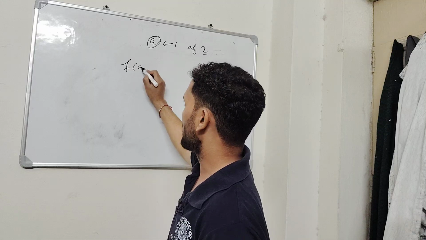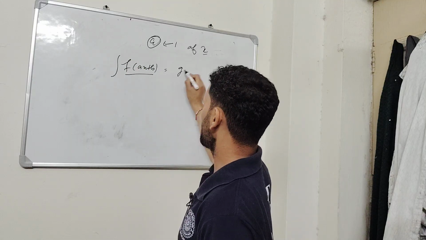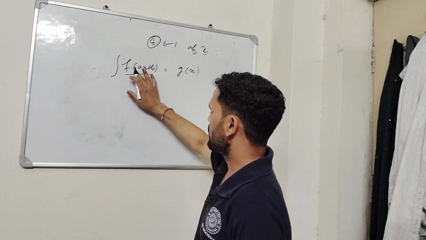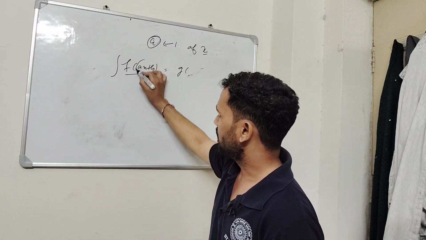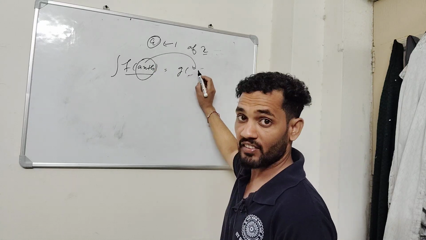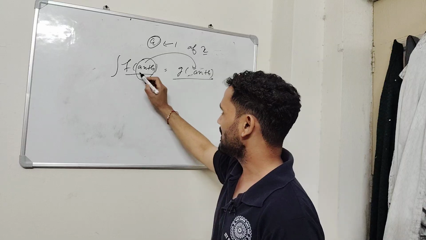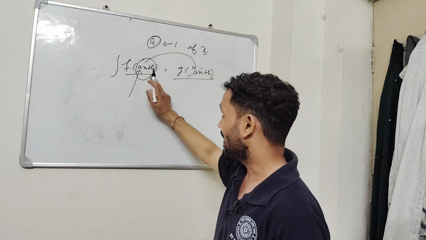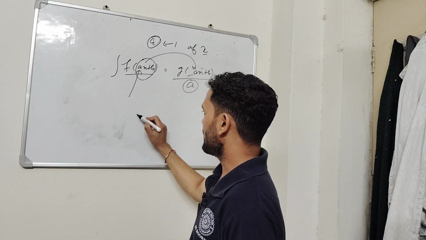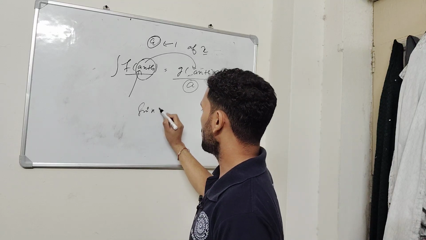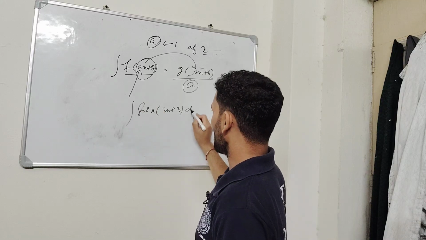Simply, for f(ax + b), the integration of this one is, suppose, g(x), right? So what is the variable here? Whatever is given is kept as it is, ax + b, and what is the coefficient of x? a. Simply divide by it, right? We can say, what is the integration of sin(2x + 3) dx.